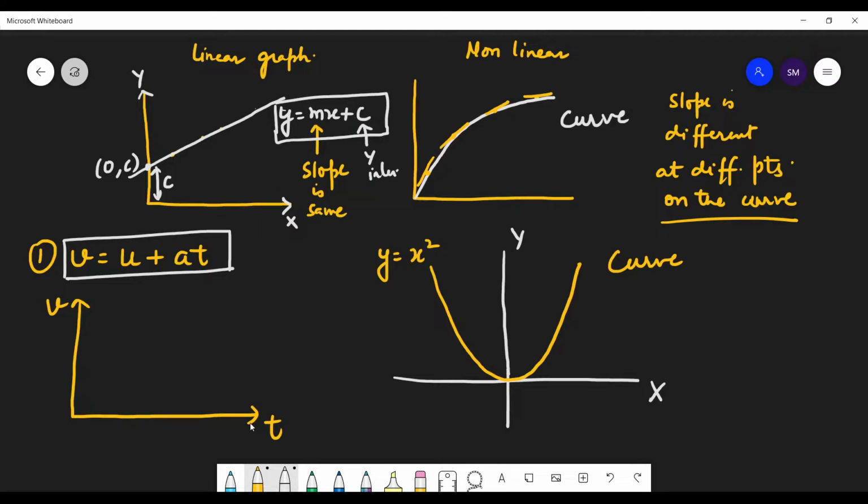Tell me, what is the slope? A. That's good. So a is the slope. And what is y-intercept? u. u is the y-intercept. Very good.